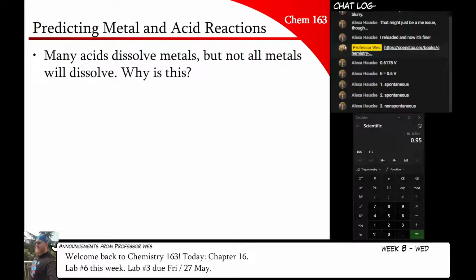And the answer is, well, when metals react with acid, metals give up their electrons. And the acid, or two of these, can take the electrons.